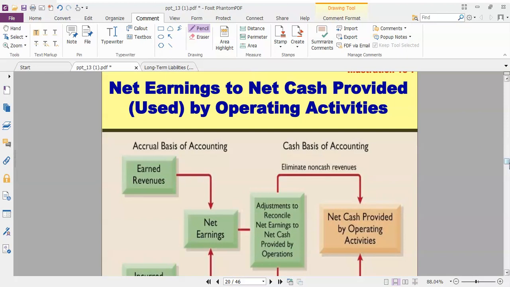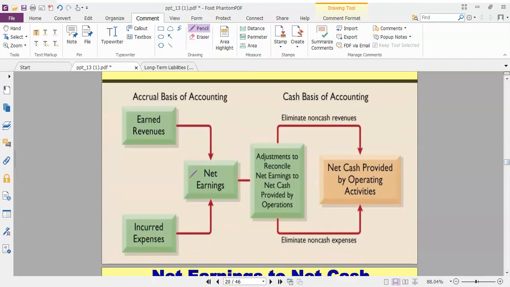Okay, under the accrual basis of accounting, we have the net earnings, that is earned revenue and also expenses incurred, so that we get the net. Okay, we have the revenue, less expenses incurred under the accrual basis, we got the net earnings.